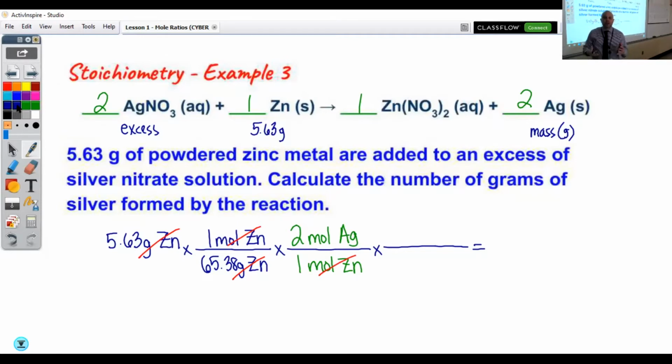That will allow us to go from moles of silver into our final product, grams of silver. So 1 mole of silver. Silver has a molar mass of 107.87. Moles of silver will cross out and we'll be left with grams of silver as our final unit.